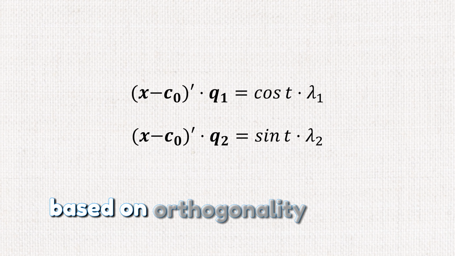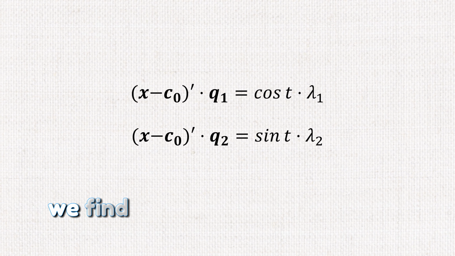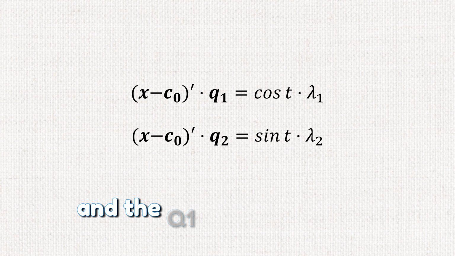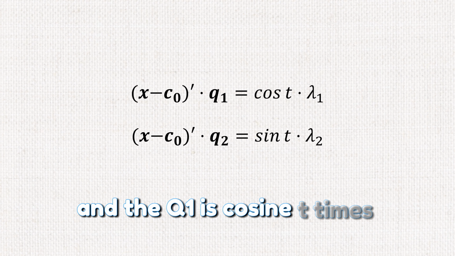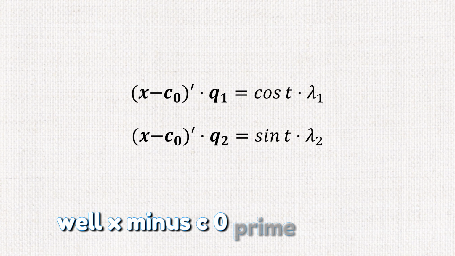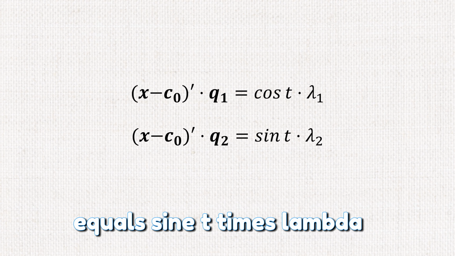Based on orthogonality between q1 and q2, we find the dot product between x minus c0 and q1 is cosine t times lambda 1, while x minus c0 prime times q2 equals sine t times lambda 2.